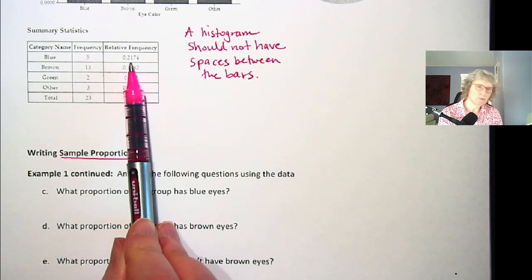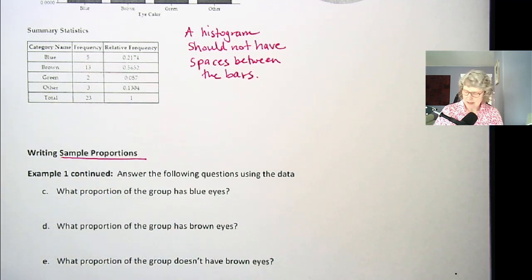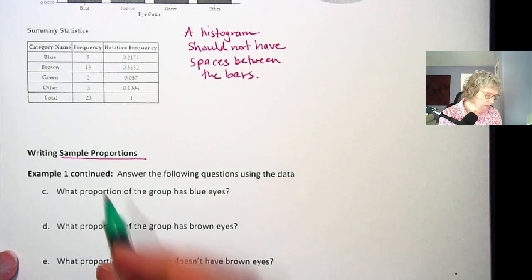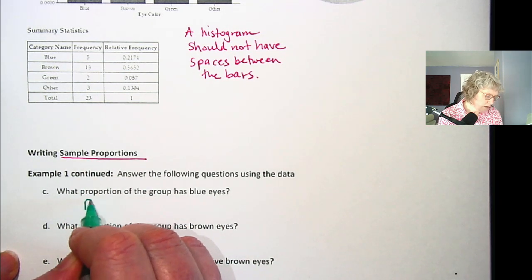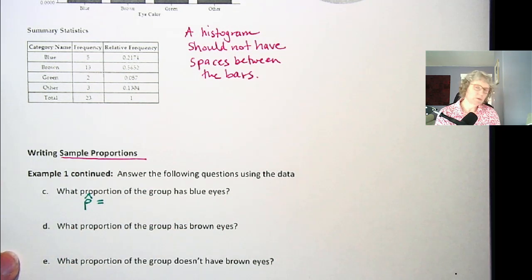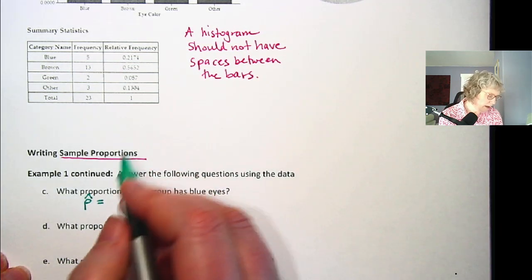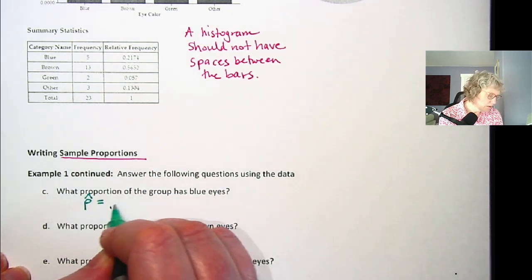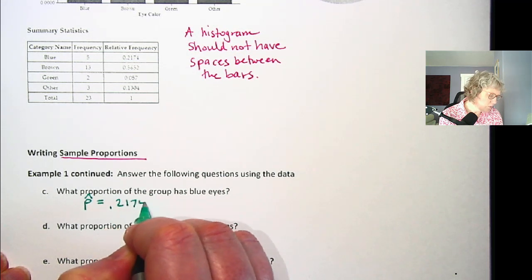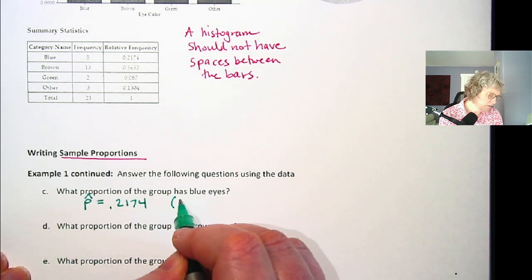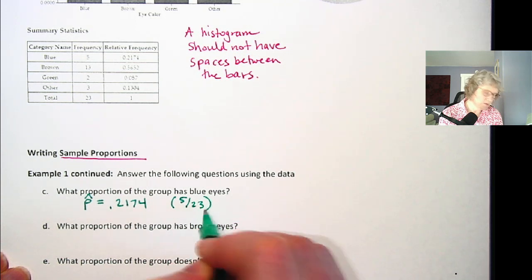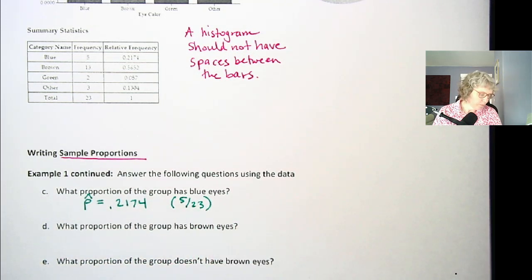That is one we calculated, and there are a couple of ways to write it. P hat is the notation for a sample proportion. So I could write P hat equals 0.2174. And of course, we got that from 5 out of 23. So I'll just put that there for reference.